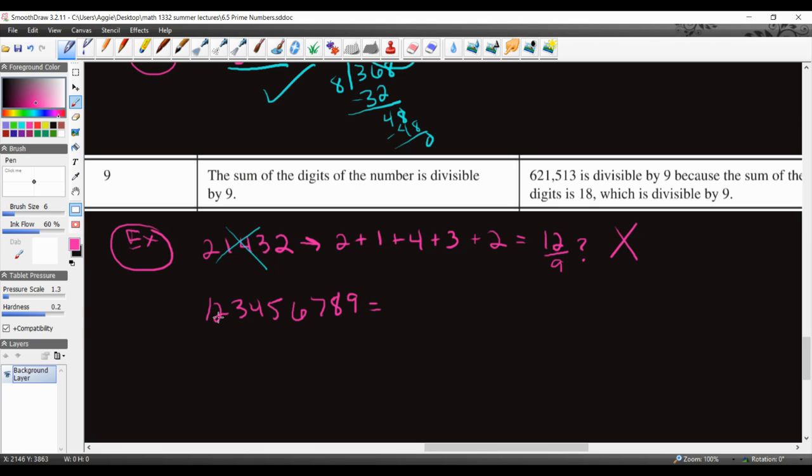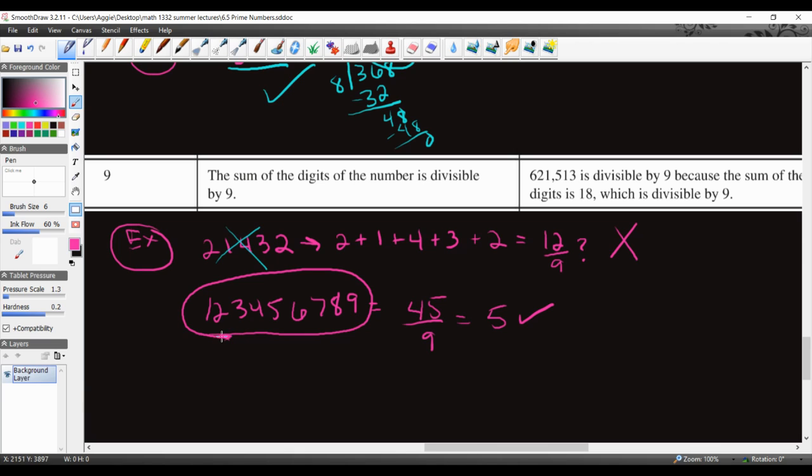So 1 plus 2 is 3, plus 3 is 6, plus 4 is 10, plus 5 is 15, plus 6 is 21, plus 7 is 28, plus 8 is going to be 36, plus 9 is 45. And 45 is divisible by 9. It gives me 5.